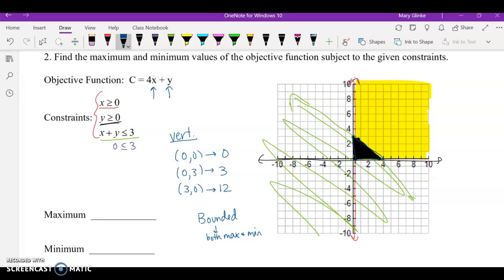If your feasible region had been the other one, the yellow portion over here, then it would have a maximum or a minimum, and you'd have to test a bunch of values to figure out if your objective function is giving you larger or smaller numbers than the ones that you have. So for this case, our maximum would be 12, and that would be at the point 3, 0. Our minimum is our smallest number, which is 0, and that occurs at the point 0, 0.